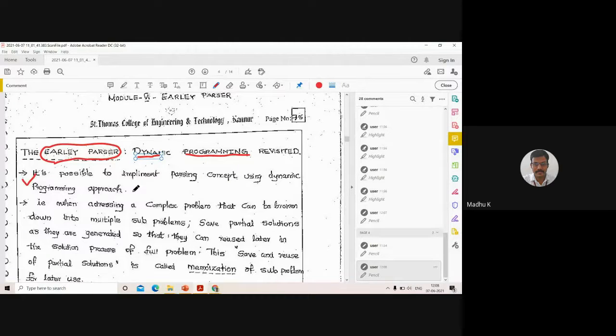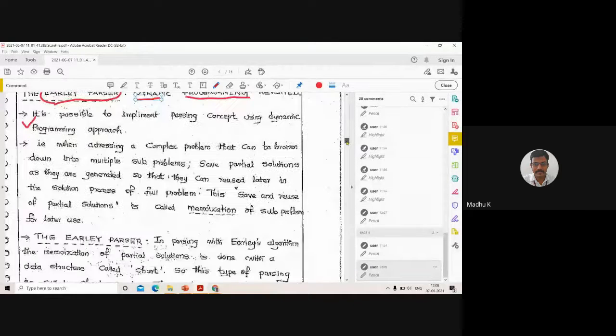What is the dynamic programming approach? When addressing a complex problem that can be broken down into multiple subproblems, save partial solutions as they are generated, so that they can be reused.